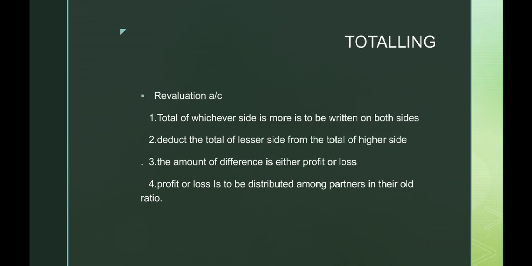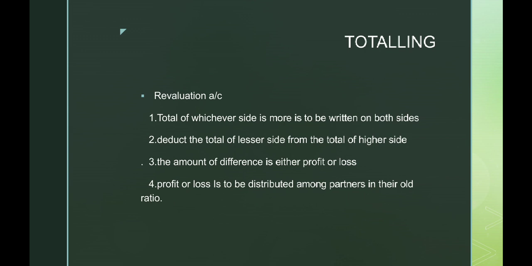It is the step of totaling accounts, the most important and last step. Make sure whenever you total accounts, you should complete the sum before doing this. You should be done with writing journal entries, posting each and every journal entry, recording the remaining things, accumulated reserves, profits, adjustments of goodwill.